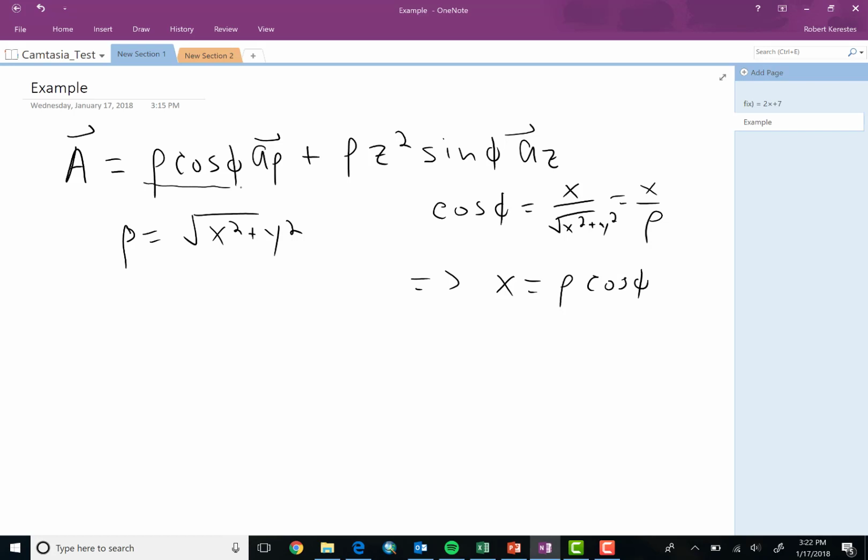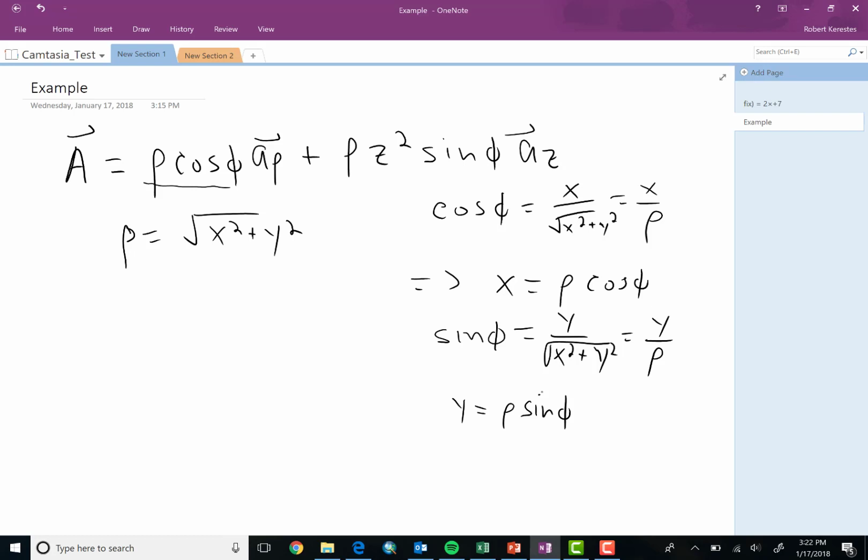Likewise, sine of phi is equal to y over the square root of x squared plus y squared, right? And that's basically equal to y over rho. So y is equal to rho sine of phi, okay?